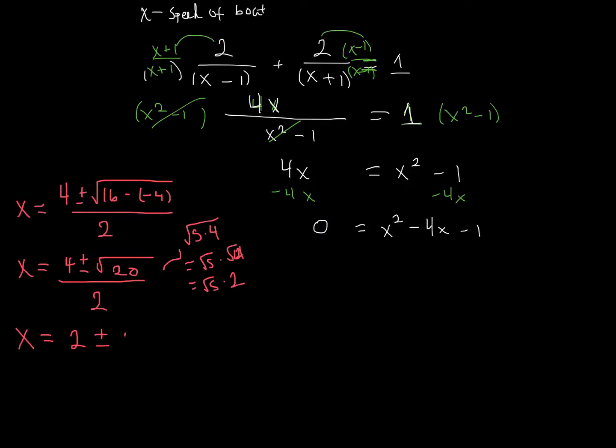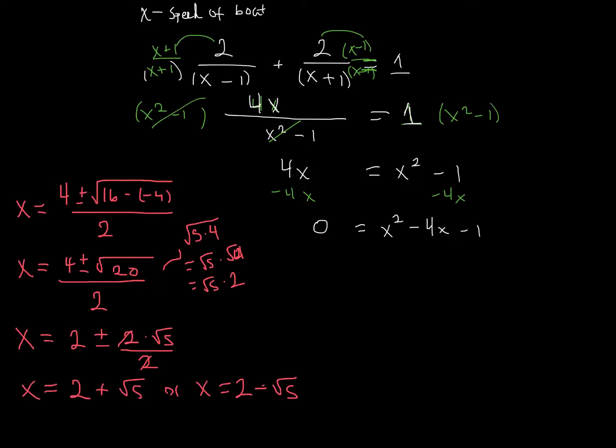So I have 2 times the square root of 5 divided by 2. 2 over 2 is 1. So x is going to be 2 plus the square root of 5, or x is going to be 2 minus the square root of 5.